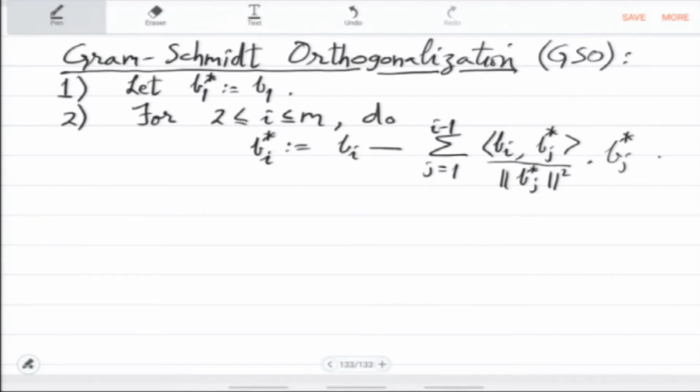So that gives you Bi star. This quantity will be very important, and so we'll give it a name. This is mu ij. Okay, so what combination are you taking of Bj star? So that is mu ij.